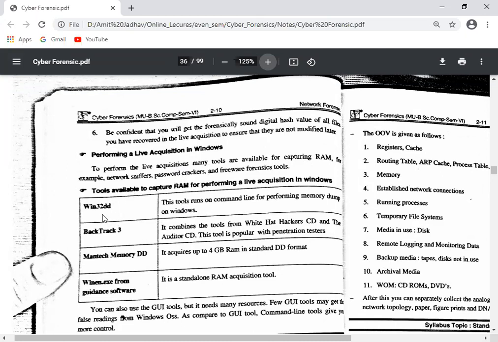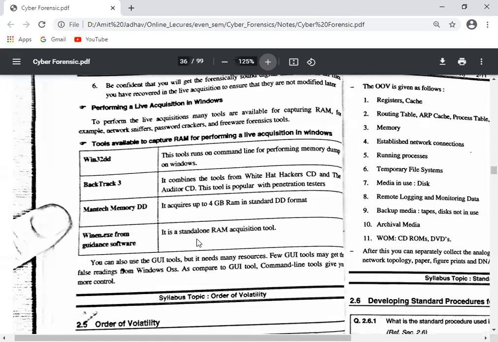The first tool is Win32dd. It runs on the command line, so this tool runs on a command line and performs a memory dump on Windows. Then BackTrack. It combines the White Hat Hackers CD and the Auditor CD. The tool is popular with penetration testers.